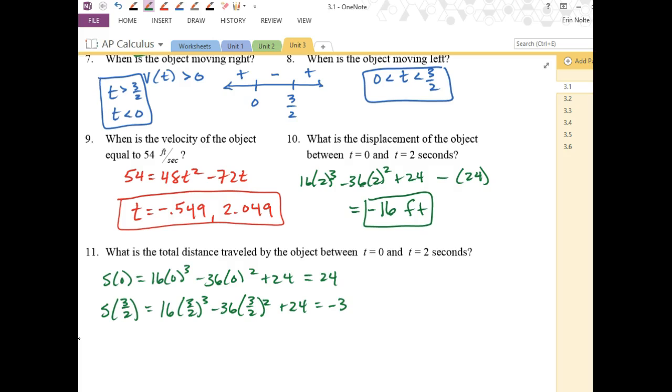So what is my ending position on my displacement, or my total distance? My last time between 0 and 2. So we're going to go all the way to 2. Now we're going to plug 2 in.